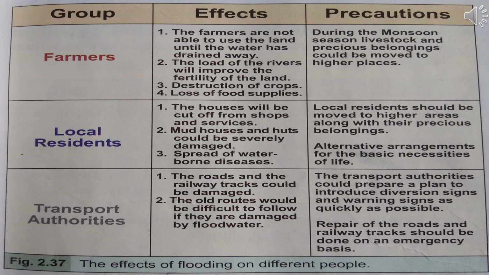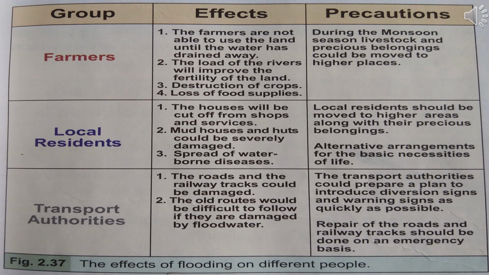So if the flood occurs right before the harvesting of crops, it is going to cause damage to the crop, it is going to cause damage to the belongings of the farmer. If his seed stock or fertilizer stock is damaged, and his machinery is obviously damaged as well, he is going to face a lot of problems in the future.